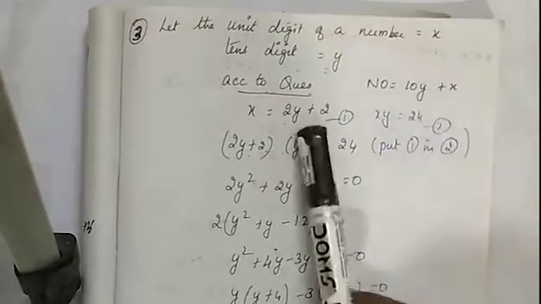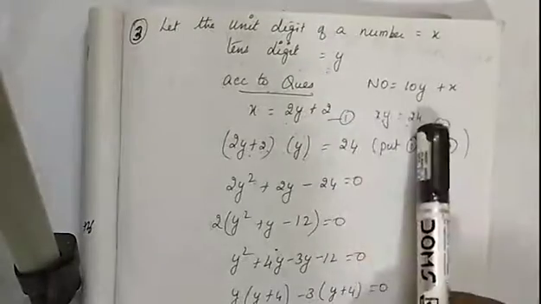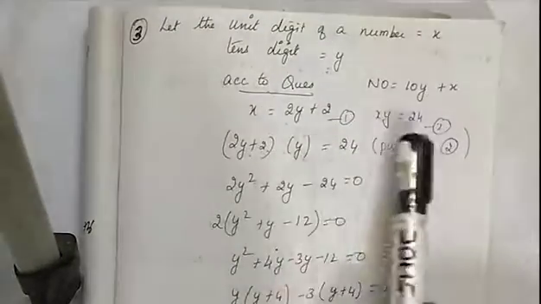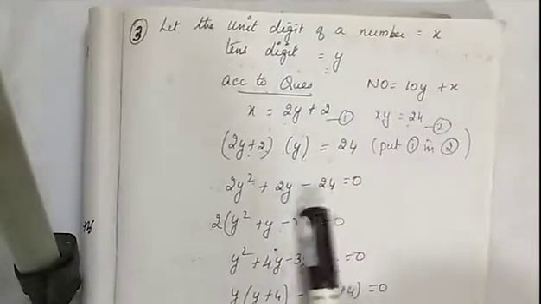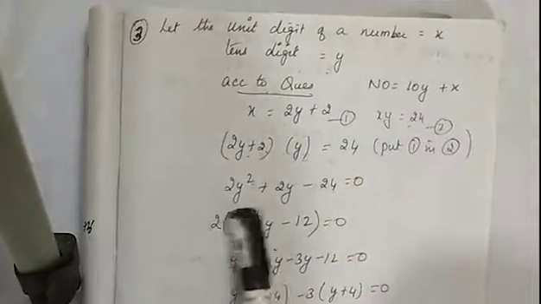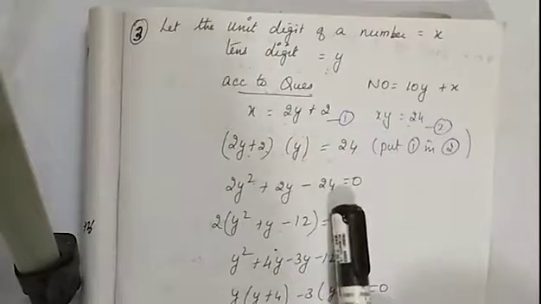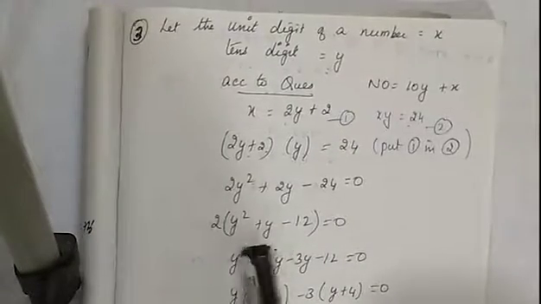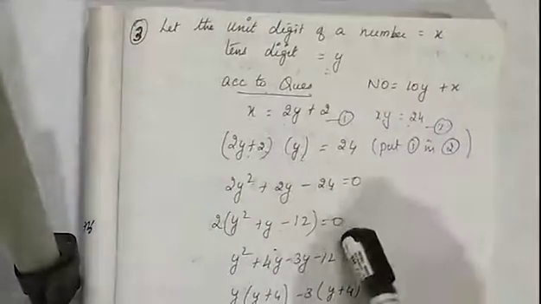Now we got two equations. Using these two equations, you can solve it. Solve and you will get the quadratic equation 2y square plus 2y minus 24 is equal to 0. Take out 2 common and y square plus y minus 12 is equal to 0.